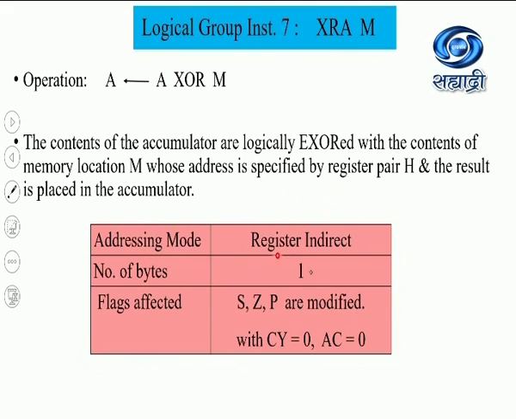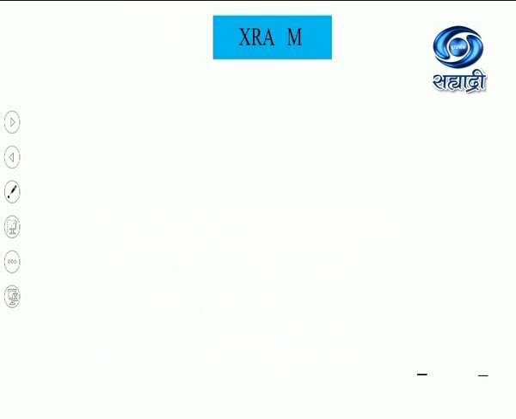Addressing mode register indirect, as HL register pair is used as a memory pointer. Number of bytes 1.